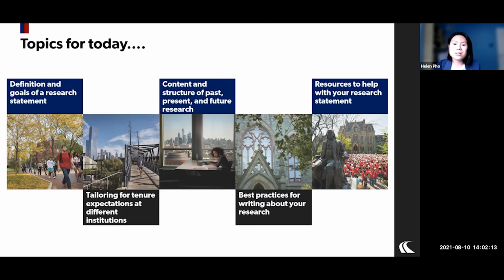Then we're going to talk about the actual research statement itself: the different parts of the document in terms of the content, the structure of your past, present, and future research, and how to discuss each part of that. We'll go over some best practices for writing about your research, and then we'll end with some resources, both at Career Services and beyond, to help you with your research statement.